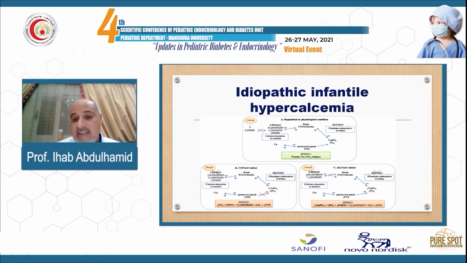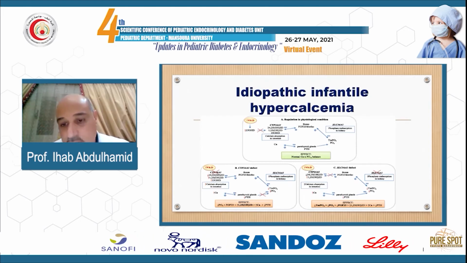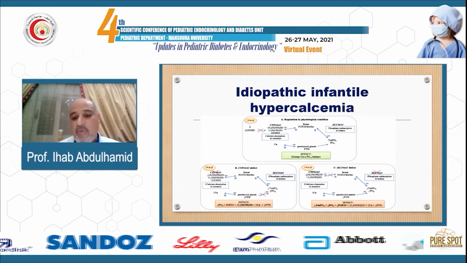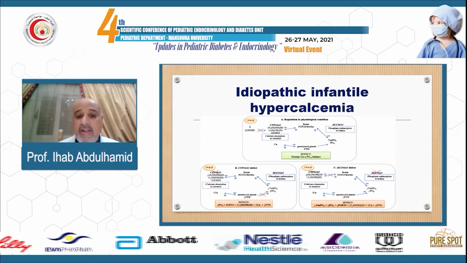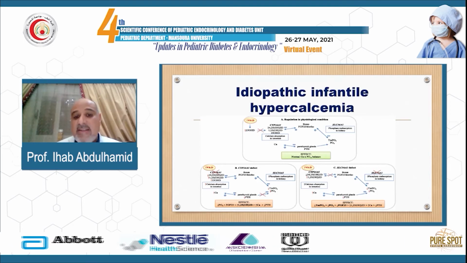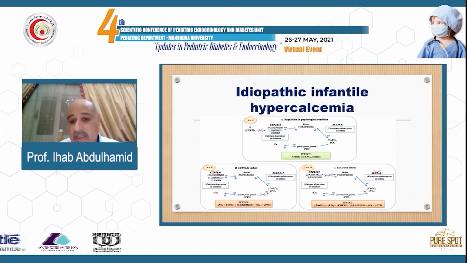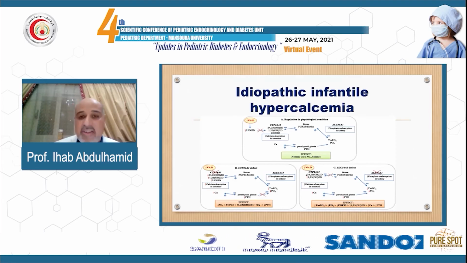When the phosphate is low, fibroblast growth factor 23 decreases, and both hypophosphatemia and low fibroblast growth factor 23 will lead to an increase in CYP27B1 activity, which will increase the production of 1,25-dihydroxy vitamin D and lead to increased hypercalcemia and suppression of the PTH.